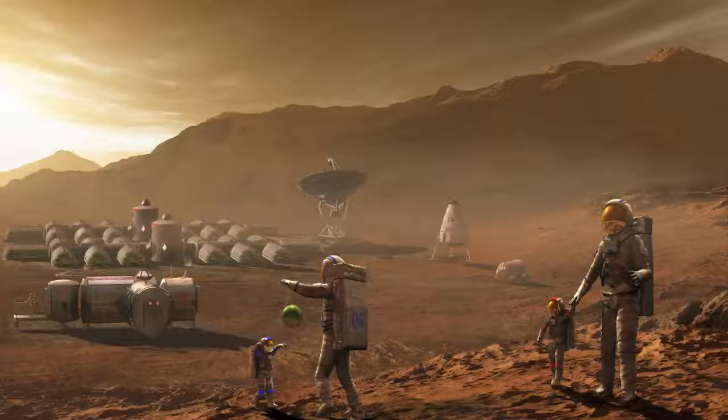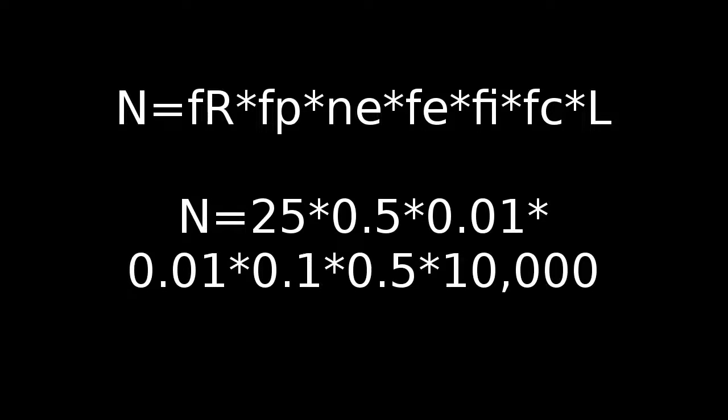But yeah, okay, all right, let me calculate this and see how many civilizations should be contacting us right now. Do you want to do it right? Drum roll, please. Right, the number of potential life forms which should be contacting us at the moment, according to our guesstimates, is 0.625. That's reasonable.